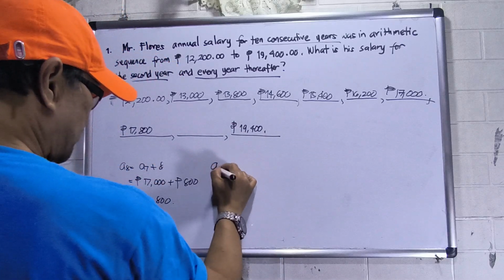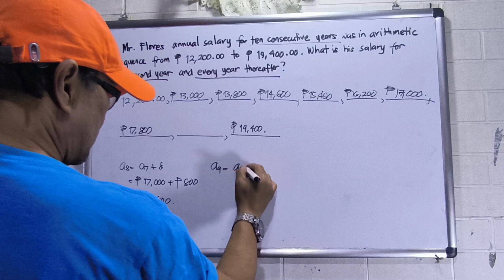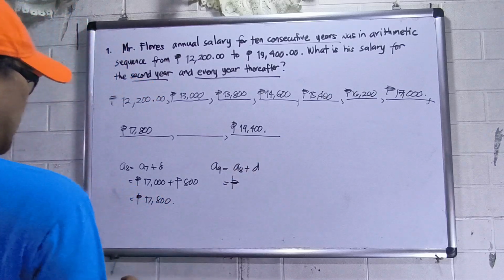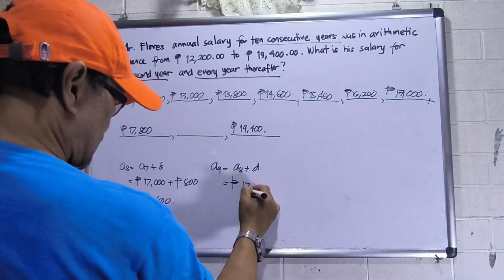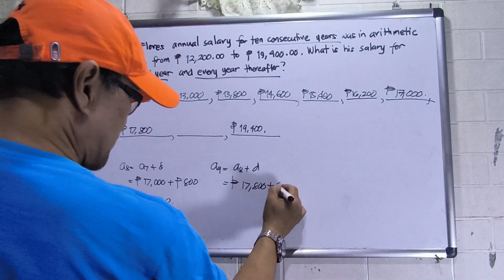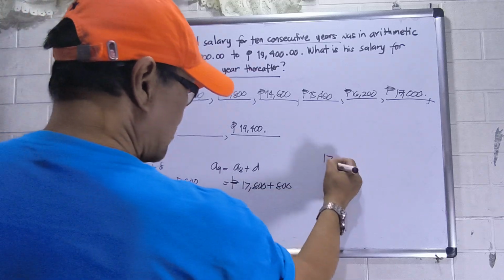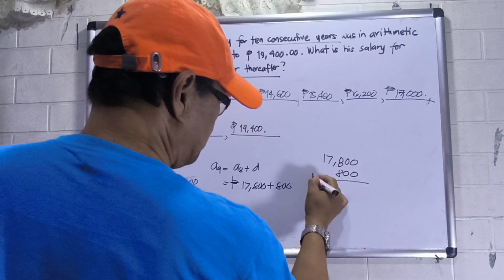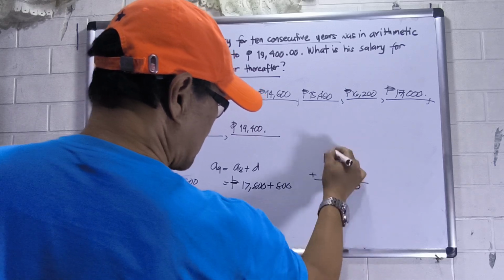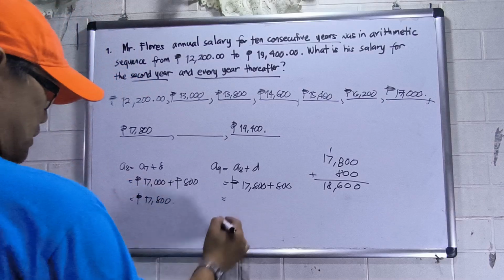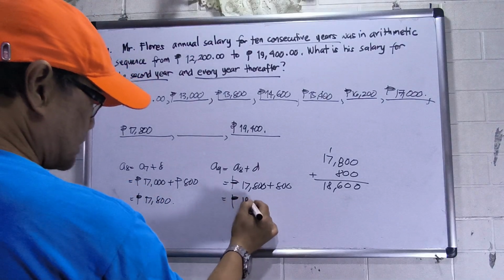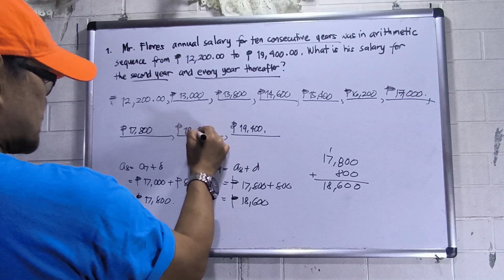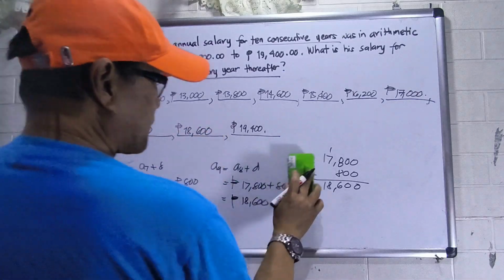So A9 equals A8 plus D. A8 is 17,800 plus 800. That gives 18,600.